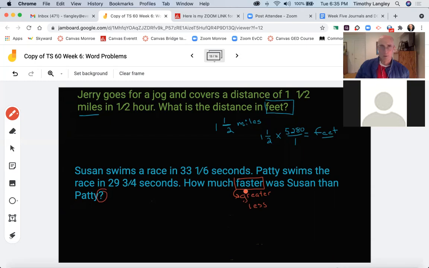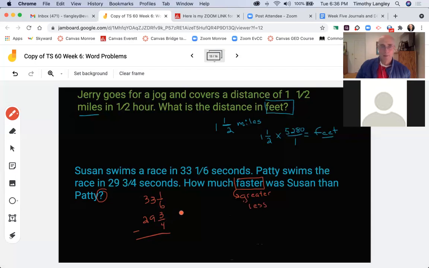How much faster was this, or how much less was something than that, so we're just gonna subtract. Always put your bigger number on top. 33 and 1/6 minus 29 and 3/4. If I subtract those, I will get a difference between those two, and that will tell me how much faster that Susan was.